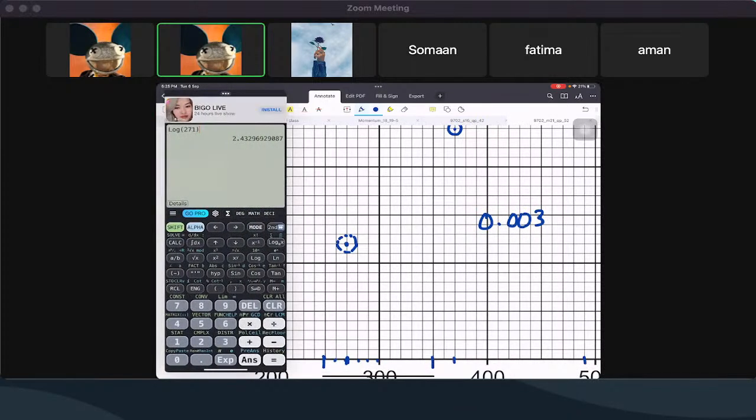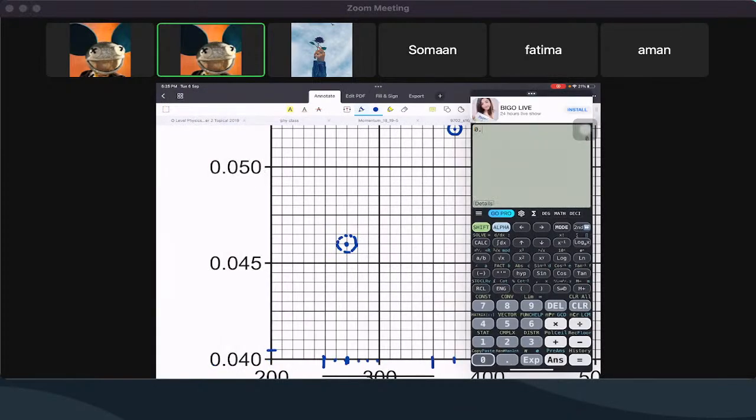You're gonna write 0.045 minus 0.040. This is 0.005, and then you're gonna divide the answer by 10 boxes. So each box is basically 0.0005.